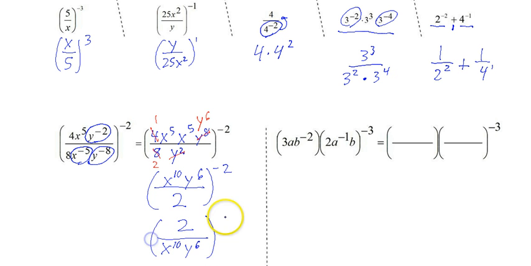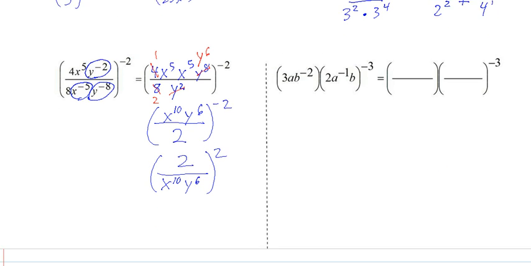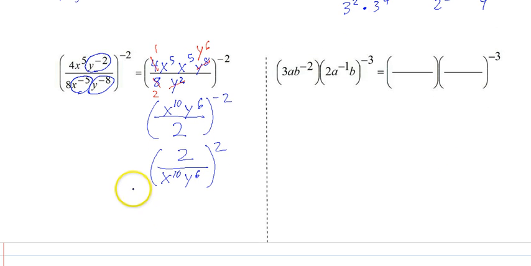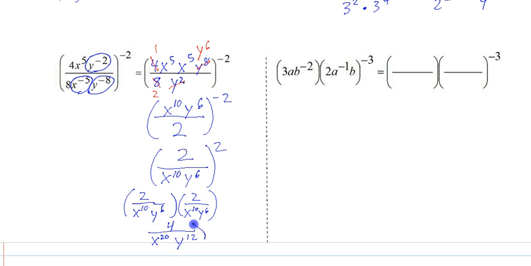We took the ticket. And then now we just square everything. And I like to rewrite them twice. That way I don't miss any factors. Okay, so that gives us 2 times 2, which is 4. x10, x10. It's x20. y6, y6. That's y12. And there's our answer.